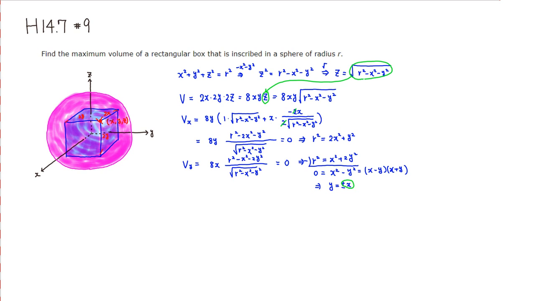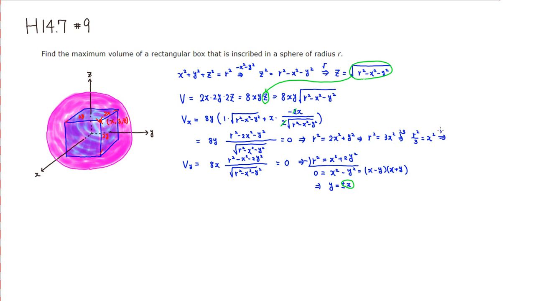If you plug this back in here, we know that r squared is equal to 2x squared plus x squared. So it's going to be 3x squared. Divide by 3, so r squared divided by 3 is equal to x squared.